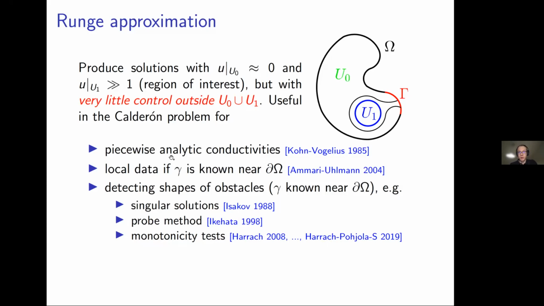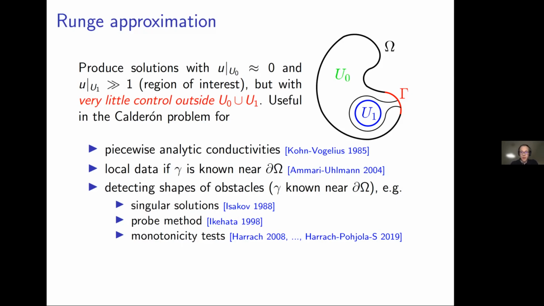In this way, you can use this approximate controllability result to recover a piecewise analytic conductivity from boundary measurements. You can solve the local data problem under the additional assumption that you a priori know the conductivity gamma in a neighborhood of the boundary. And also you can determine shapes of obstacles which are buried inside the domain. So these kinds of things you can do.